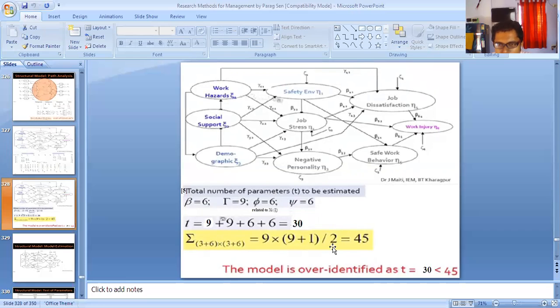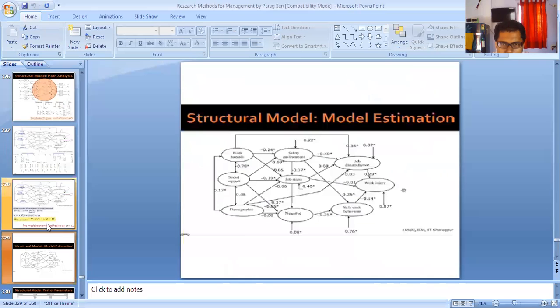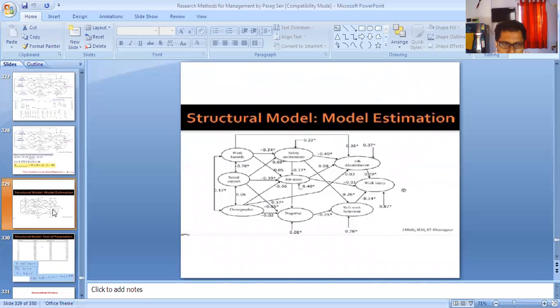The number of data points is greater than the total number of parameters to be estimated. That means this is an over identified model, and we can find all the estimates. Automatically it will be done by the software, based on the path model equations.